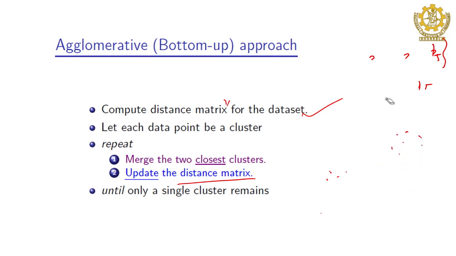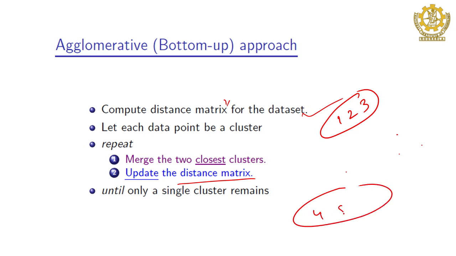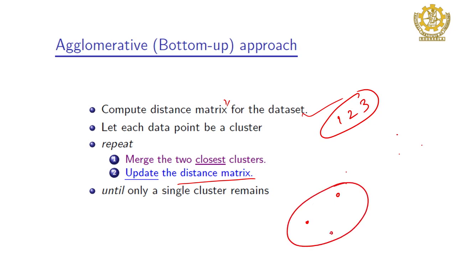So, I can give you one example here. Let us say you have points here, 1, 2, 3, and points here, 4, 5, 6. Now, let us say here is one point, here one point, and here you have points here, here, and here.